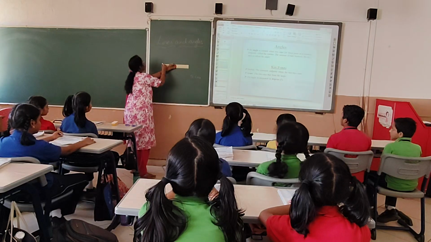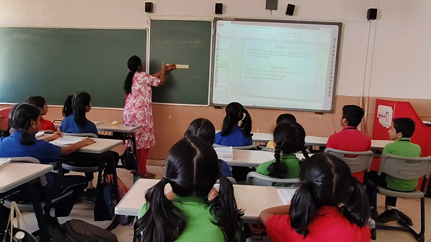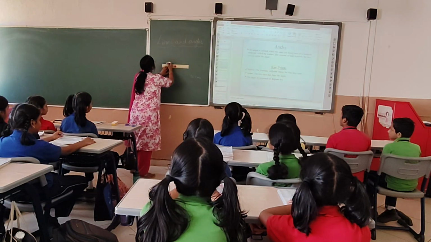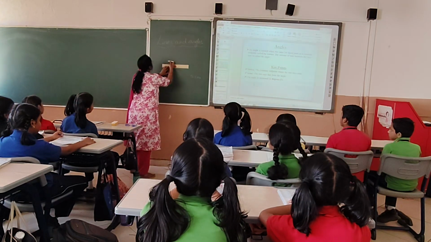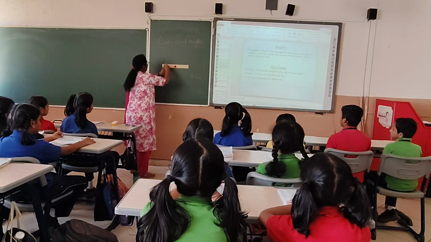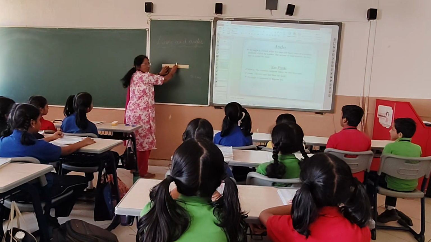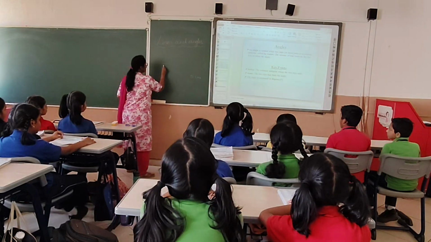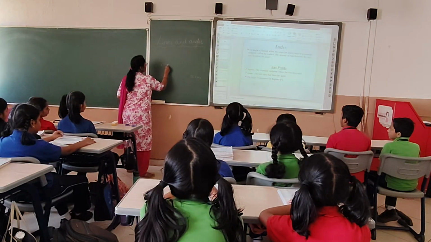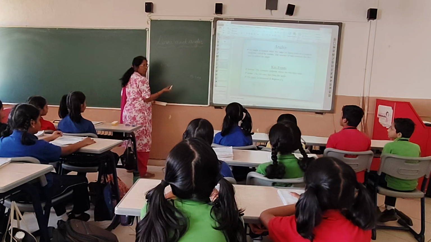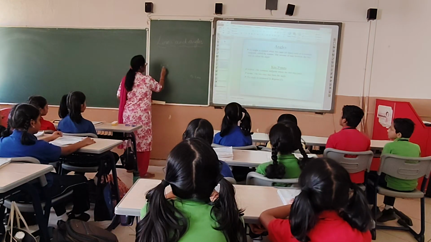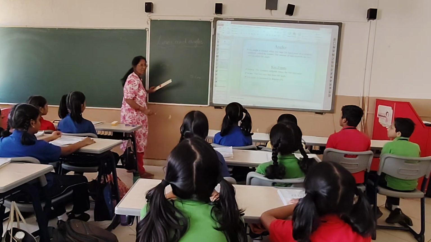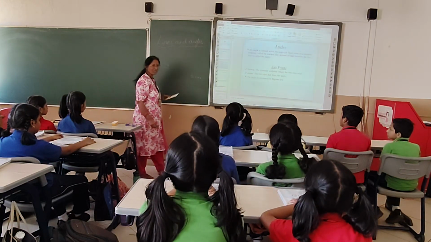Always start from 0. You are going to start with 0 and mark 5 centimeters. Then draw. Then you have to name it as A, B, X, Y, M, N, P, Q, anything, and then write it as 5 centimeters. Right? This is the way you draw a line.